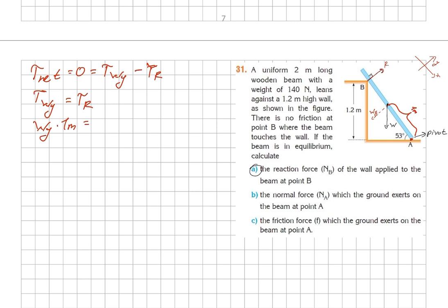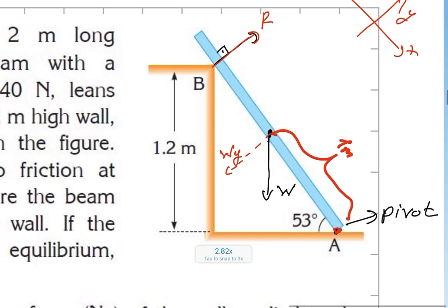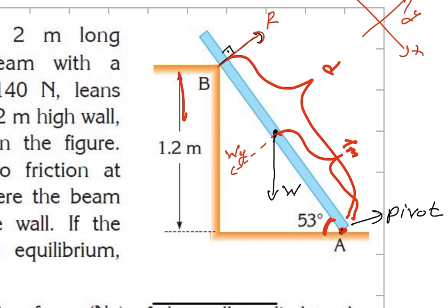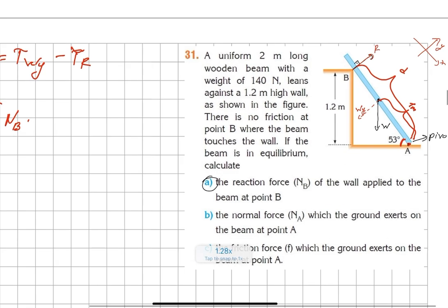The torque by R will be equal to the reaction force, let's write it as NB, times the distance from the pivot. The distance from the pivot to the reaction force N is not given. Let's take it as D. It's not given, but we can find it by using this angle and this height here. We use trigonometry rules here.